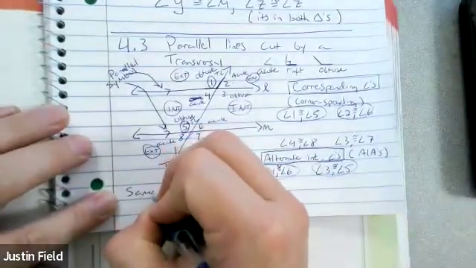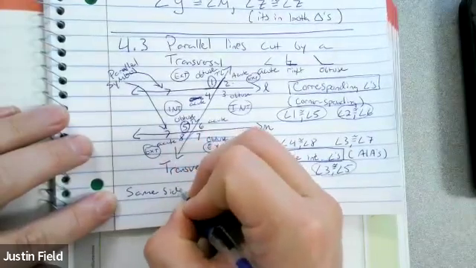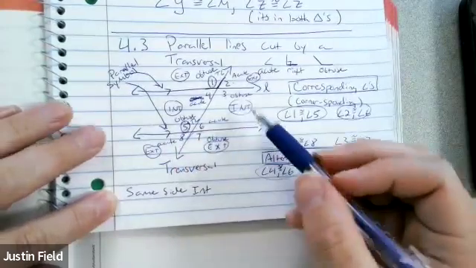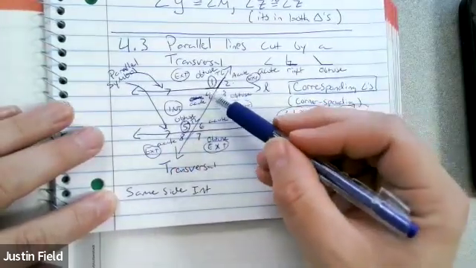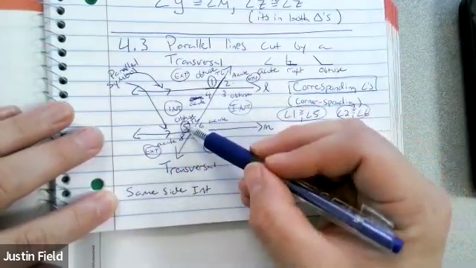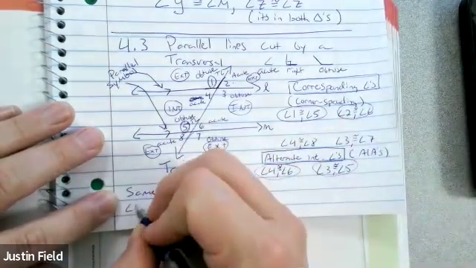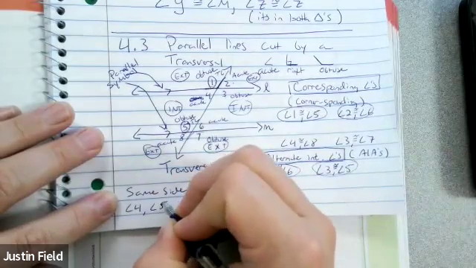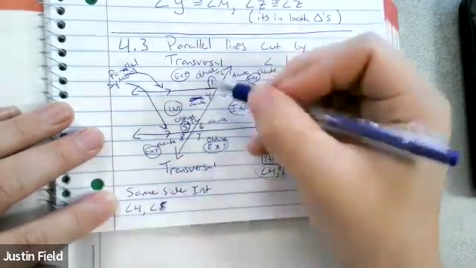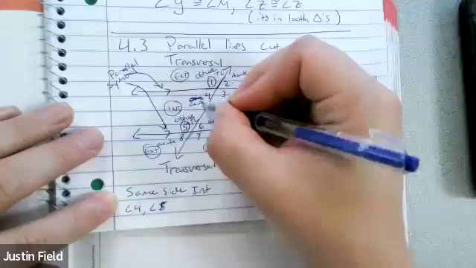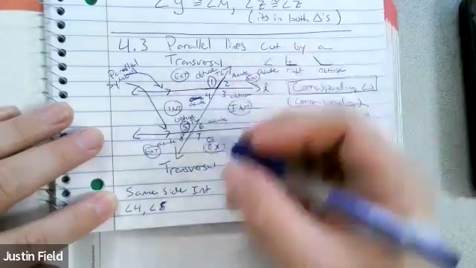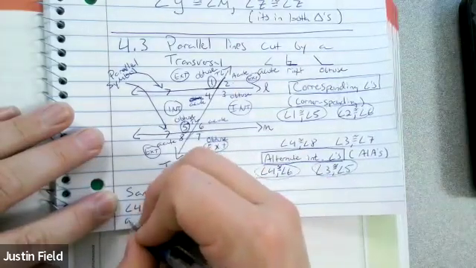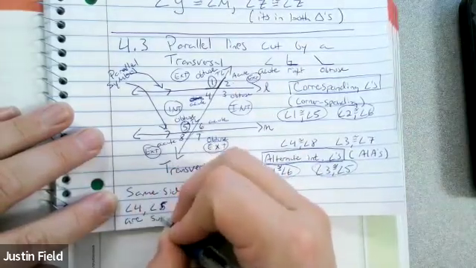Same side interior. And the same side interior would be angles like 4 and 5. And if you look at 4, 4 is acute and 5 is obtuse. 4 and 5 are not congruent, but 4 and 5 are supplementary.